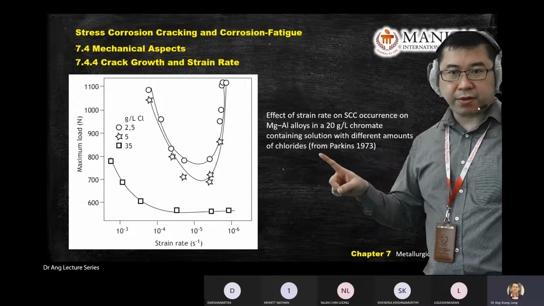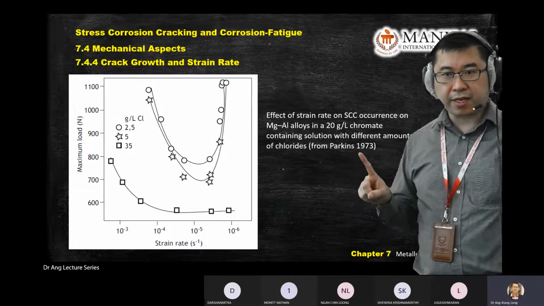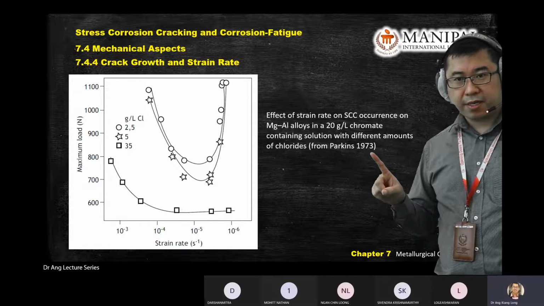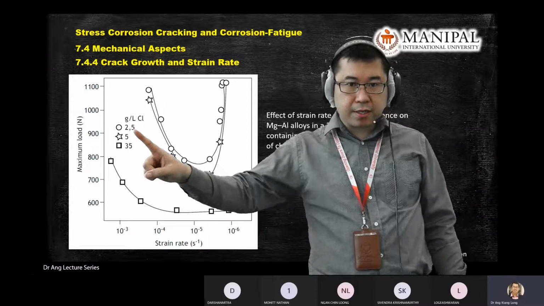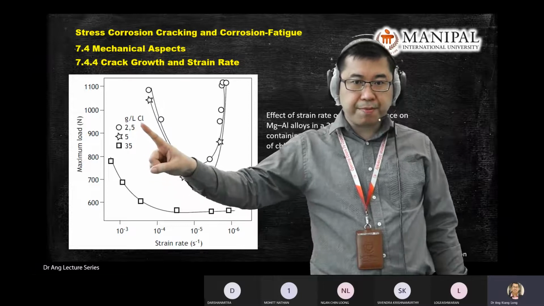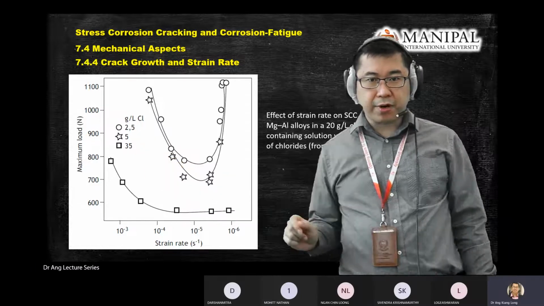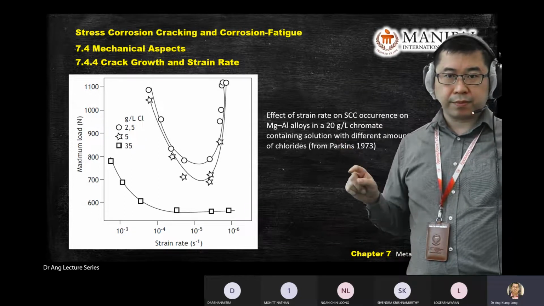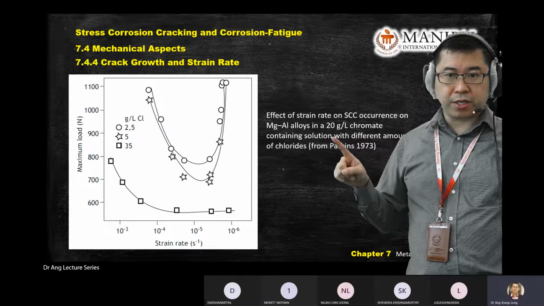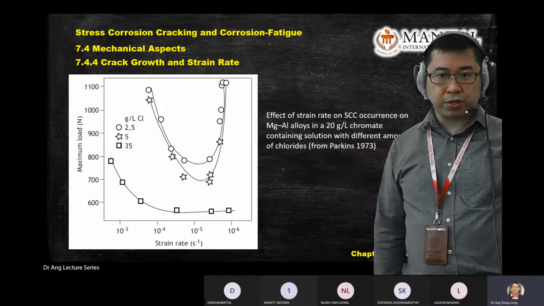Containing different amounts of chloride. This one was done in 1973. Okay, so as you can see, this one is 2.5 gram, 5 gram, and 35 gram. So they changed the chromate solution.